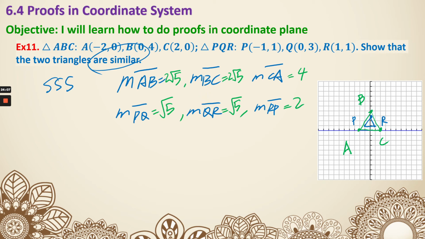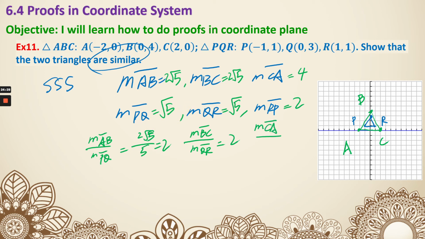Now I need to actually compare all the ratios. So AB over PQ, that is going to be 2 square root of 5 over square root of 5, so 2. And next, BC over QR is also 2.